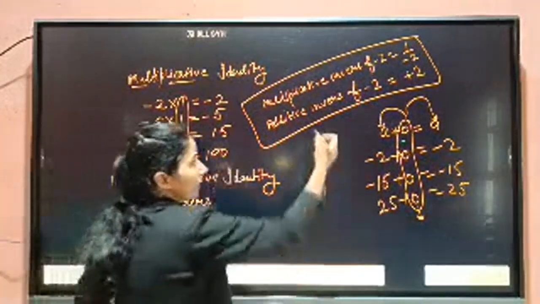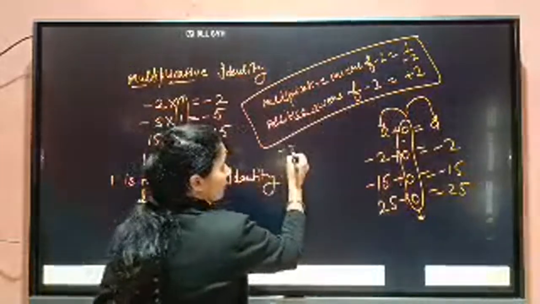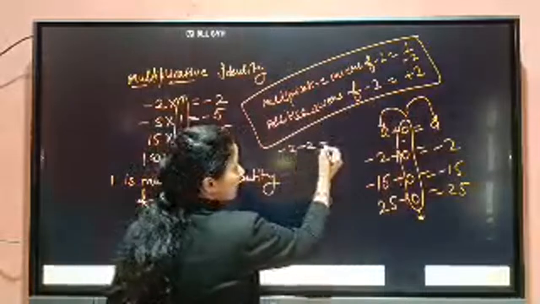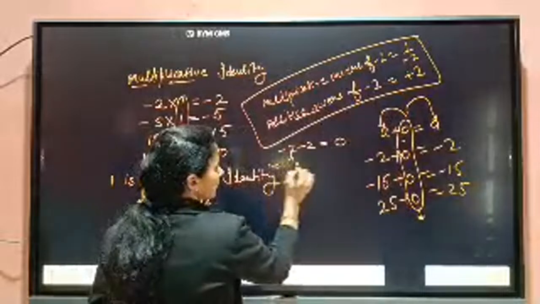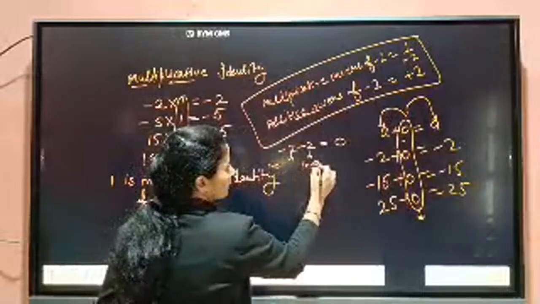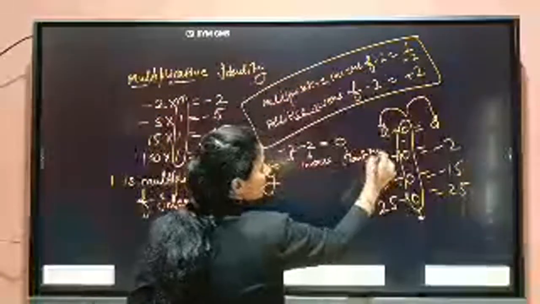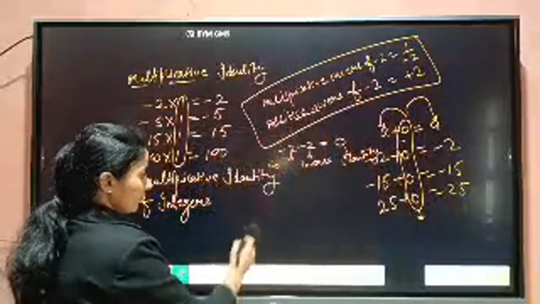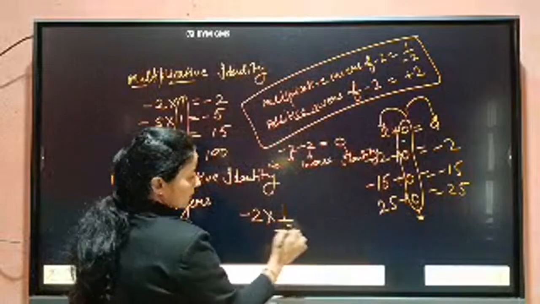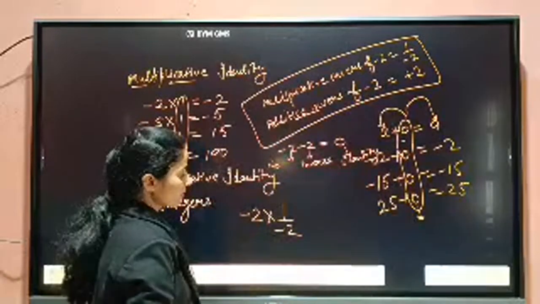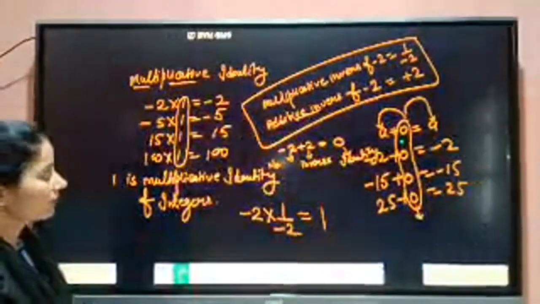If you add a number and its inverse, then you will get the additive identity. This is the number and this is its inverse, and you will get the additive identity. Similarly, for multiplication, if you multiply a number with its reciprocal or its inverse, then again you will get the multiplicative identity.